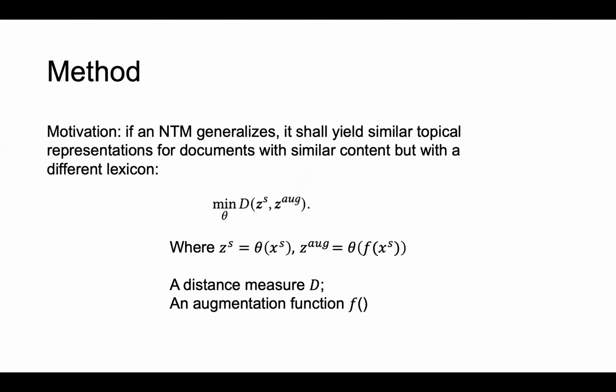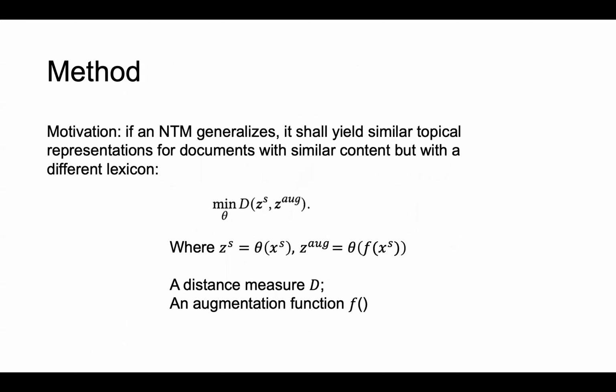It's based on an assumption. If the model can generalize the topical representation, the topic model should produce a similar representation for a document after data augmentation. Actually, the idea is quite similar to contrastive learning.